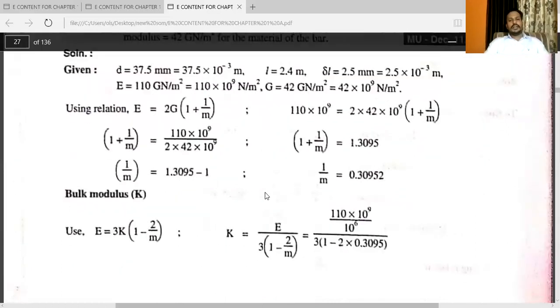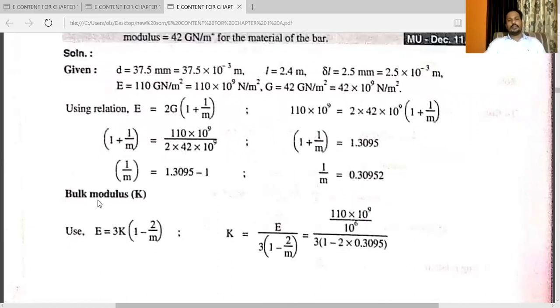And after getting the value of mu, you can calculate the bulk modulus, because we have the value of E, we have the value of mu. So by putting the value of E and mu, you can calculate the value of K. Here we have the value of E, that is 110 into 10 raised to 9 Newton per meter square.